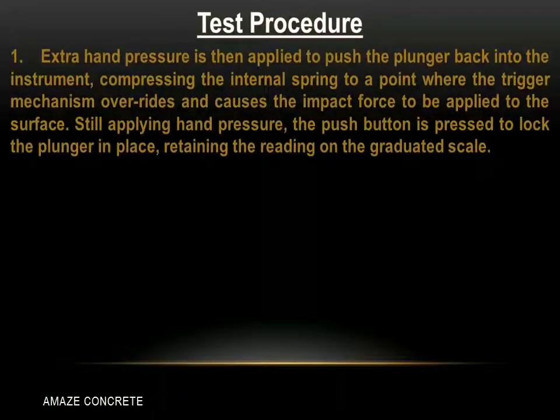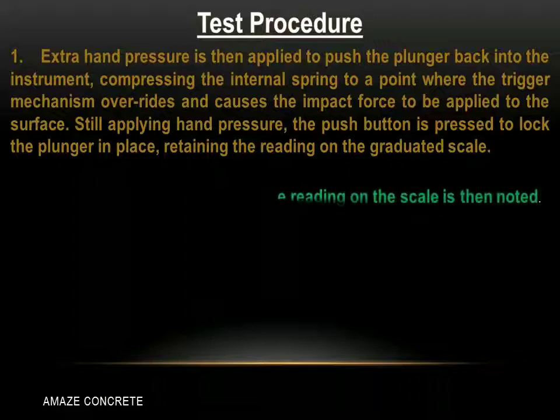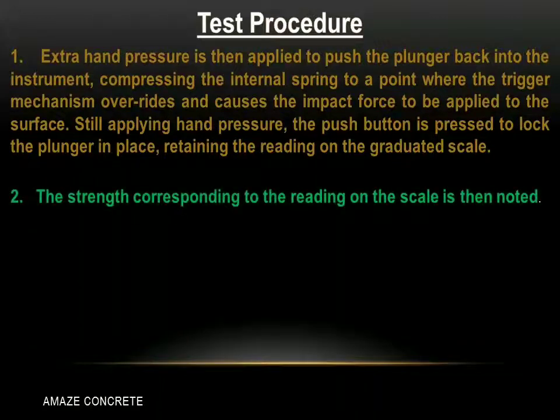Extra hand pressure is then applied to push the plunger back into the instrument, compressing the internal spring to a point where the trigger mechanism overrides and causes the impact force to be applied to the surface. Still applying hand pressure, the push button is pressed to lock the plunger in place, retaining the reading on the graduated scale. The strength corresponding to the reading on the scale is then noted.